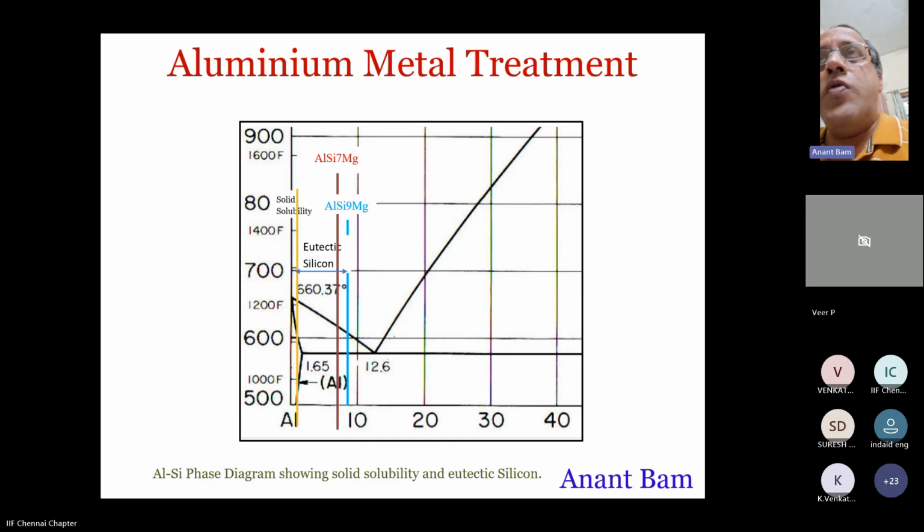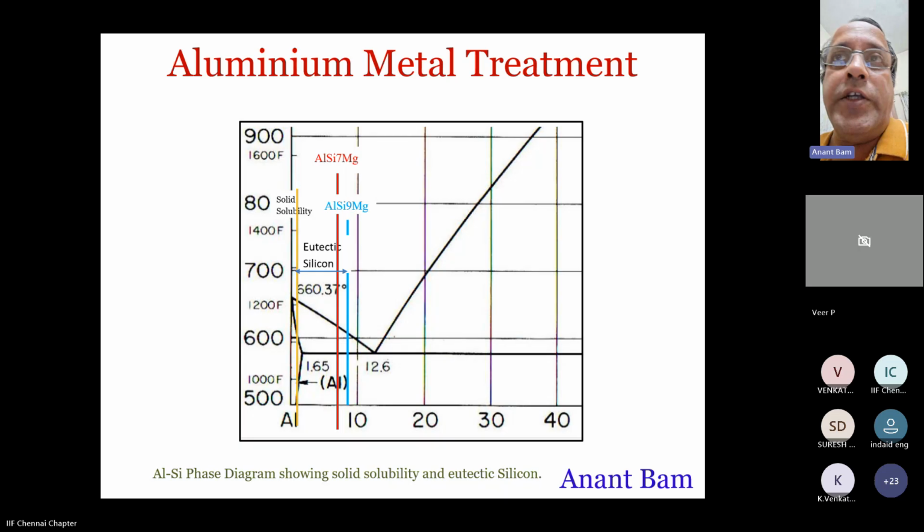So now 6.18 grams of silicon is remaining in the remaining liquid. And once we go down 1 degree below the solidus, that silicon will immediately solidify along with aluminum.